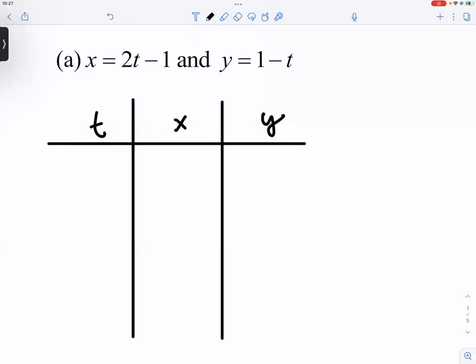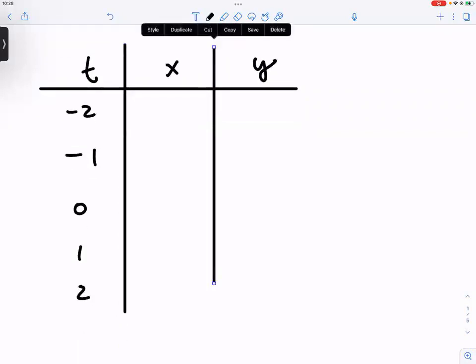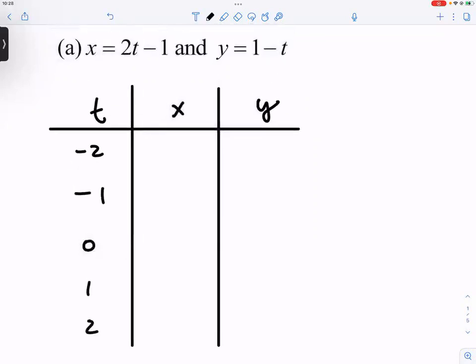And then you can go ahead and say t is equal to negative 2, negative 1, 0, 1, and 2. And so we say, well, if t is equal to these values, then what about the x value and y value? Just plug in and find out. So when t is equal to negative 2, x is equal to negative 5, and y is 3.